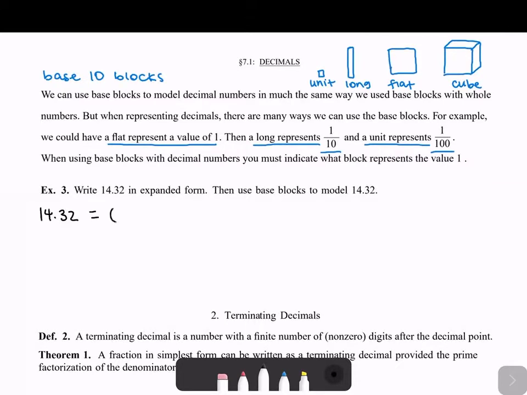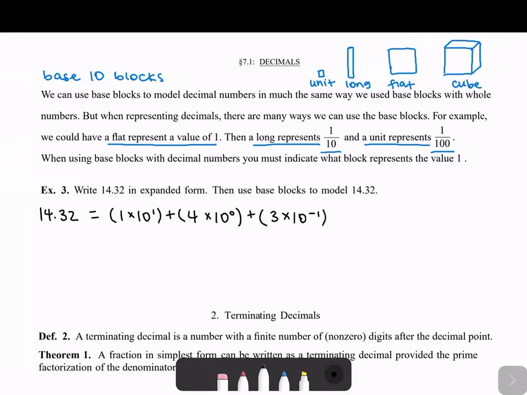So 14 is represented by 1 times 10 to the first plus 4 times 10 to the 0. That's how we get our 14. And then we just do the same thing to get the 0.32. You see how whenever we write things in expanded form, our powers of 10 were decreasing. We had 10 to the first followed by 10 to the 0. Well, we just keep decreasing and that pattern continues.